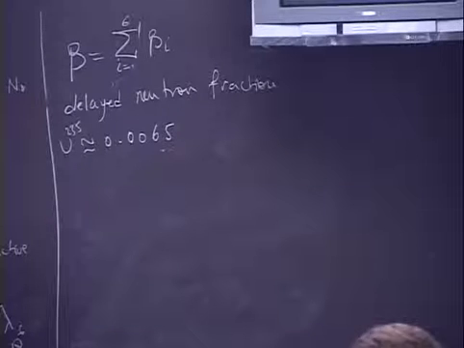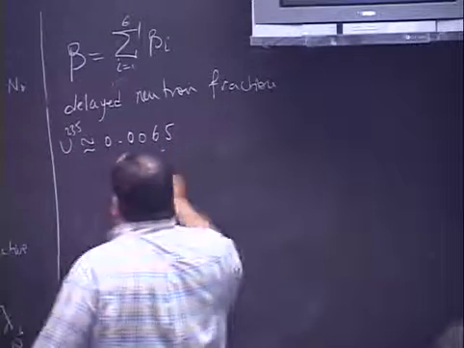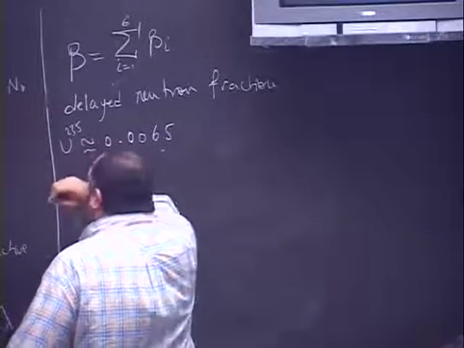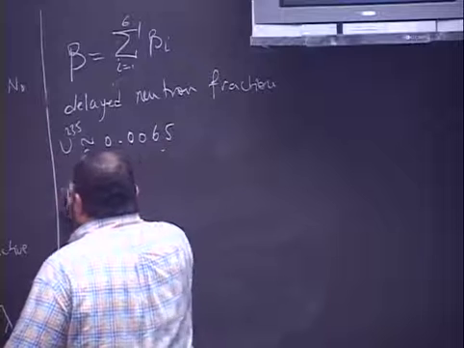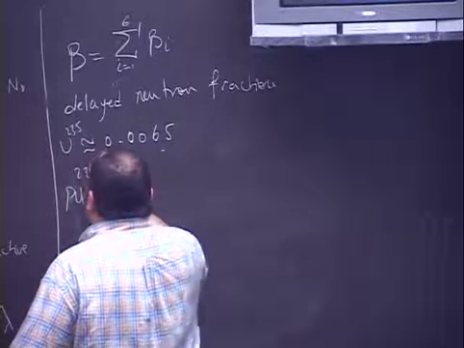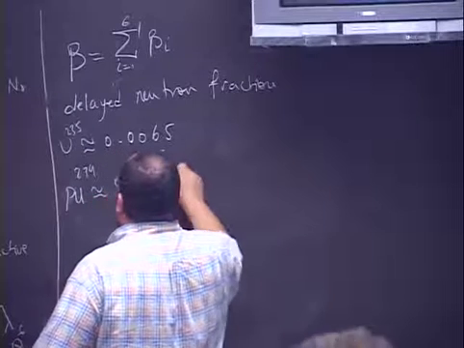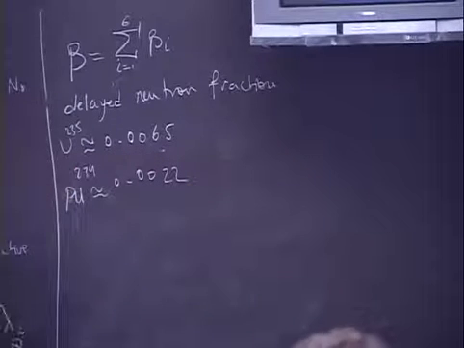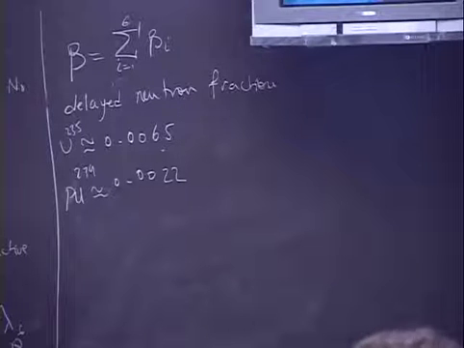If you are using uranium-235, this is 0.0065. If you are using plutonium-239 for fast reactors, this is 0.0022, which is even smaller. And we'll notice that this will have a pronounced effect on the reactor itself.